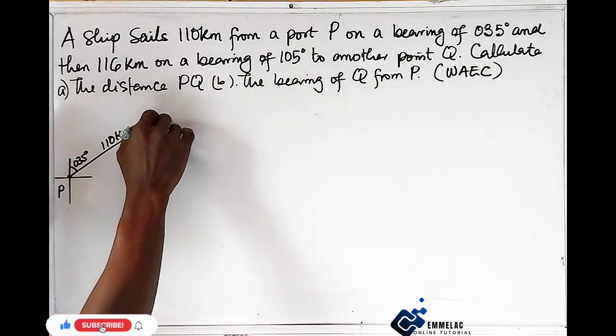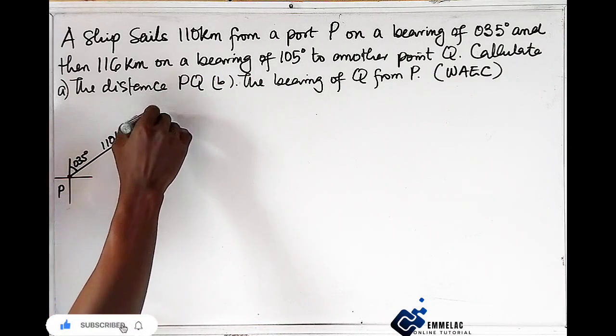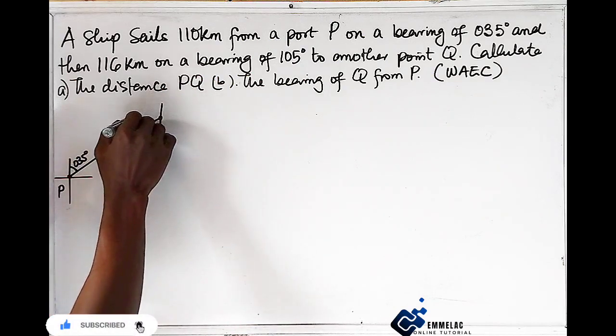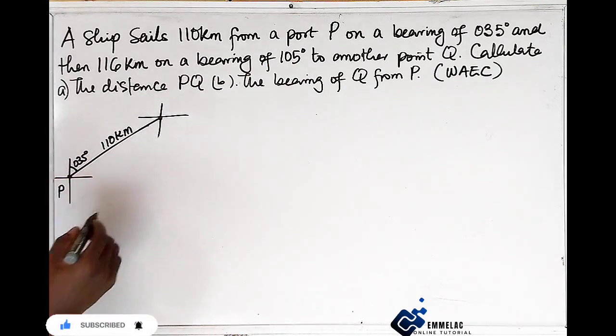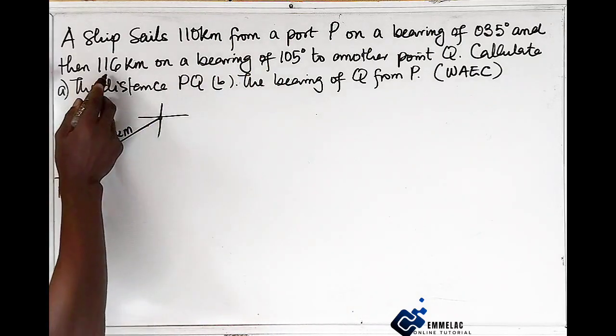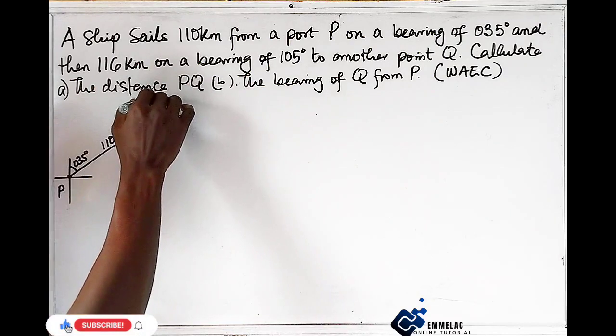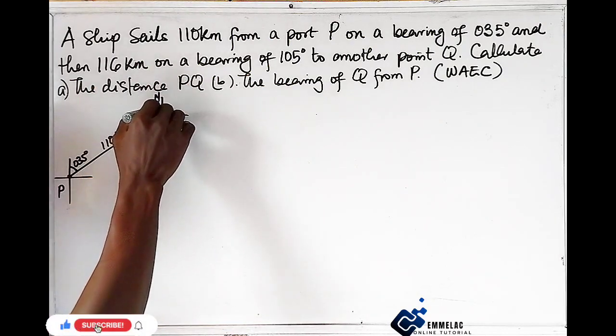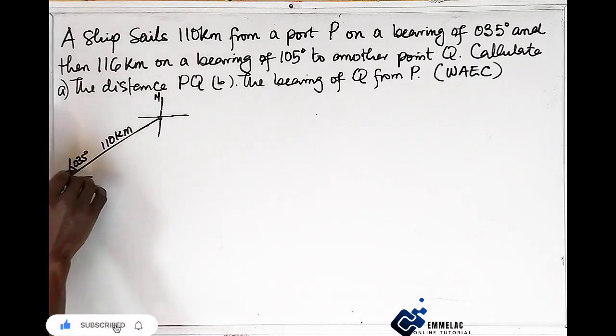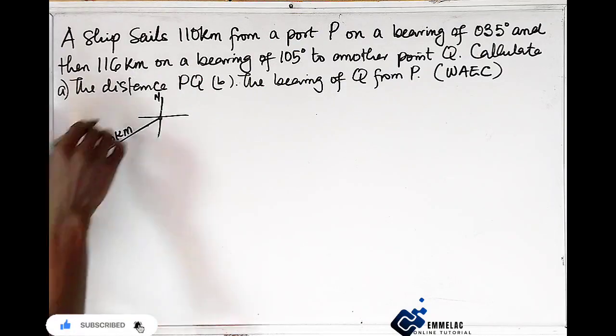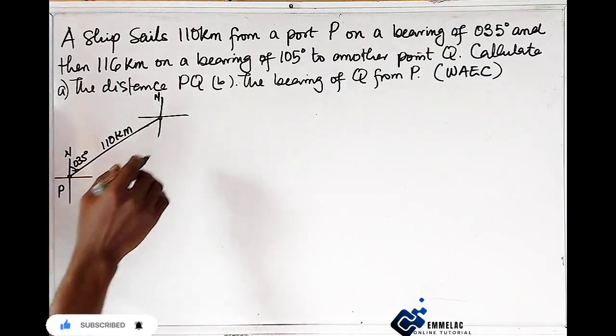Now from here we start again, and it sails 116 km on a bearing. Take note, we always start from the north, clockwise.